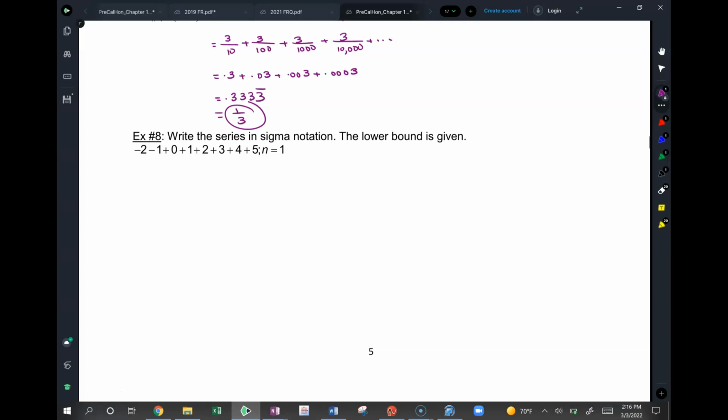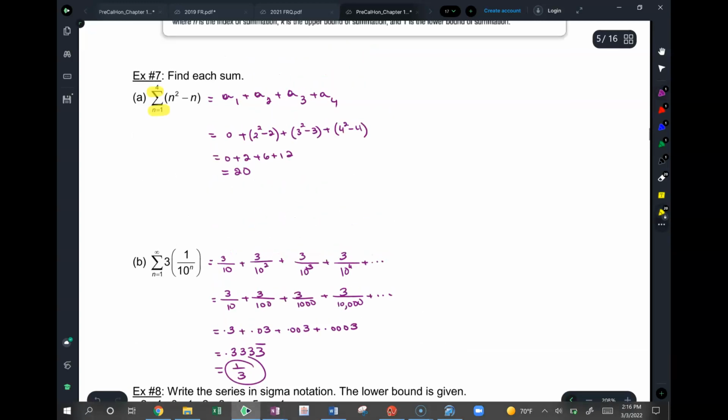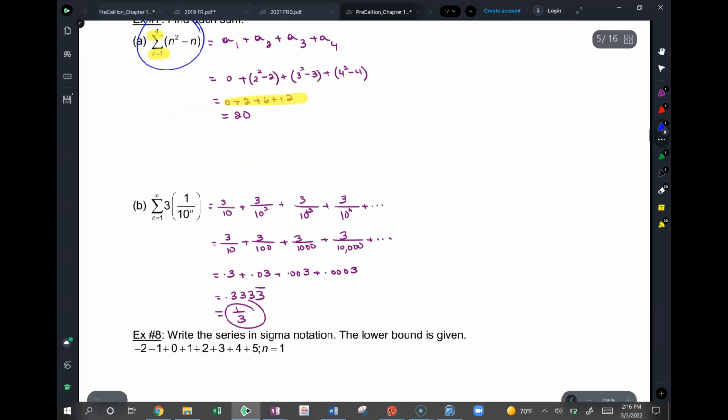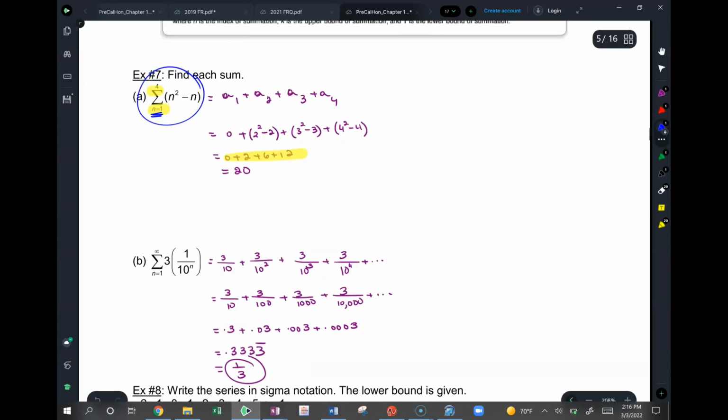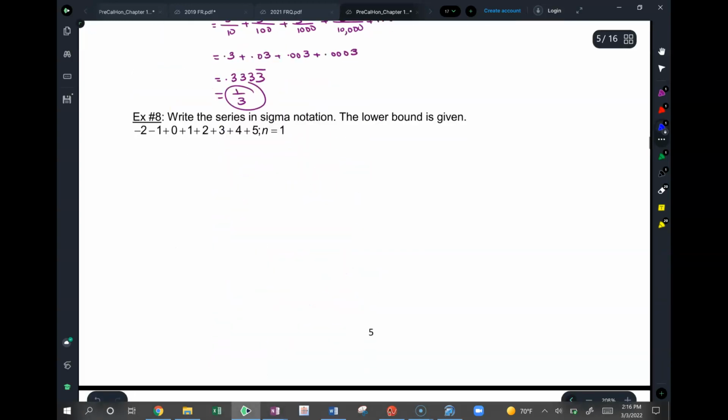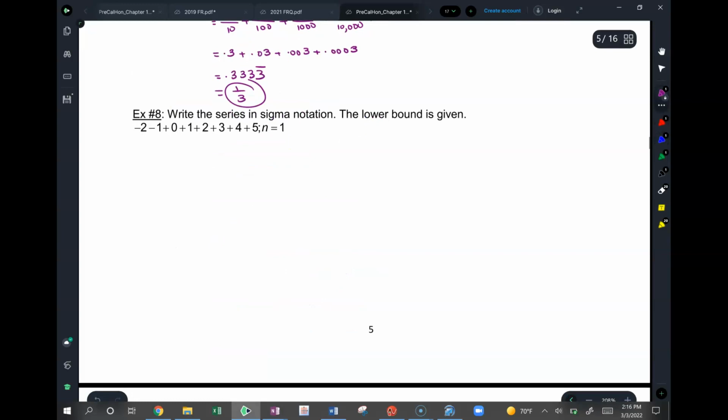It tells us to write the series in sigma notation with the lower bound given. So basically, we are given this, and we need to find this. Okay, so we're going backwards. And when it says the lower bound is given, that's this at the bottom. Okay, so the way this is going to look is sigma n equals 1.